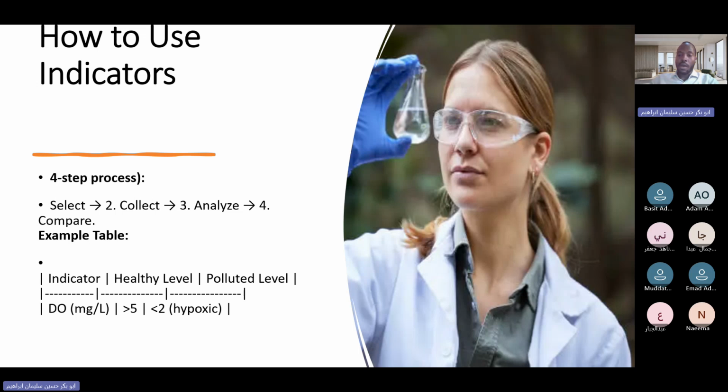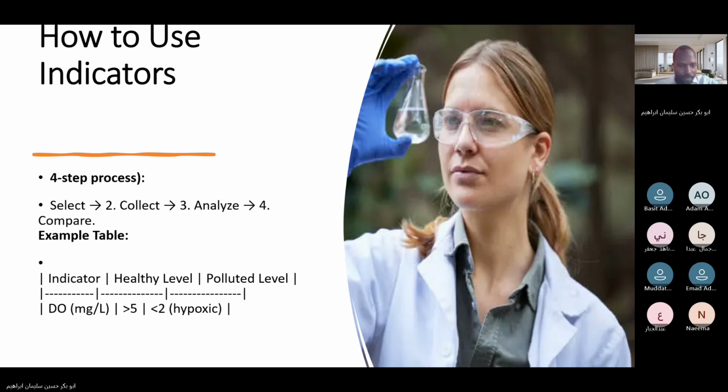This is how you can use it. After that you can make a decision: this project in Sudan is not good, because before and after this project there is a big variation in the air quality or water quality, or whatever indicator you are measuring. This is how you can use the indicators.